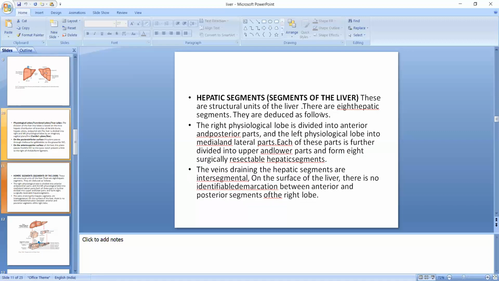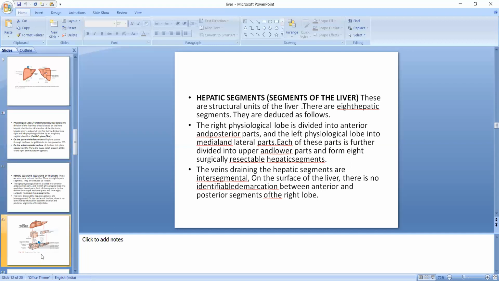Now we will discuss the hepatic segments, and we can say segments of the liver. These are the structural unit of the liver. These are 8 hepatic segments. They are derived as follows. Right physiological lobe is divided into the anterior and posterior part, and the left physiological lobe into a medial and lateral part. Each of these parts is further divided into the upper and lower part and form 8 surgically resectable hepatic segments.